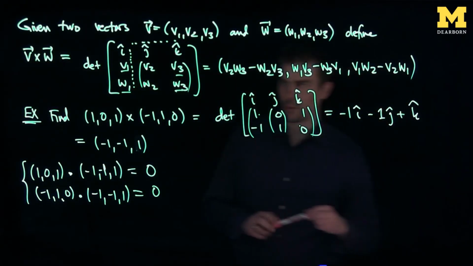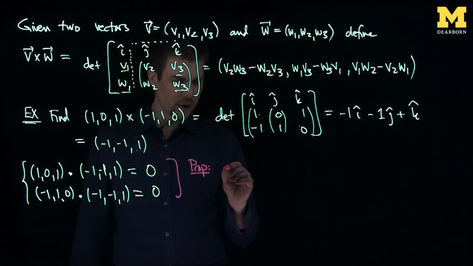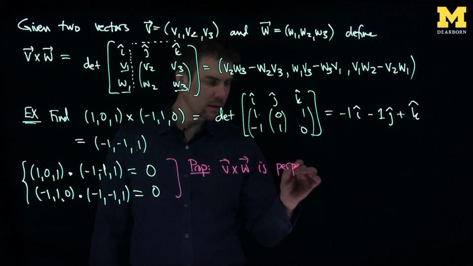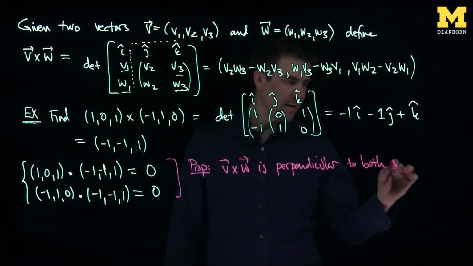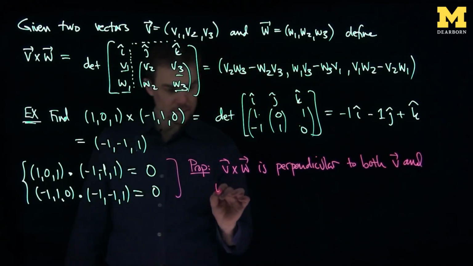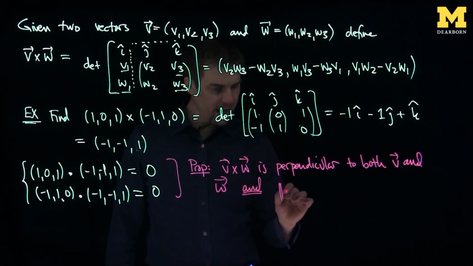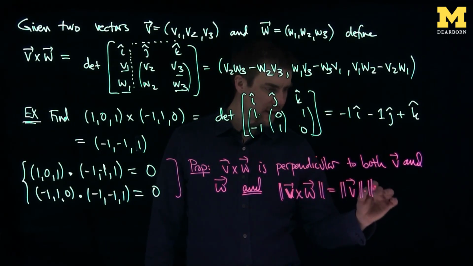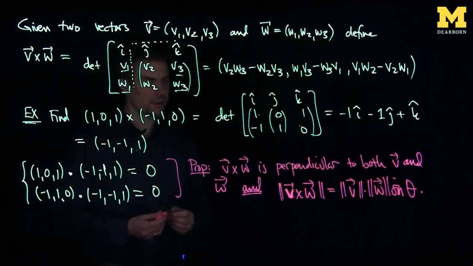The general result is that the vector v cross w is perpendicular to both v and w, and furthermore, the length of v cross w is the length of v times the length of w times the sine of the angle in between those vectors.